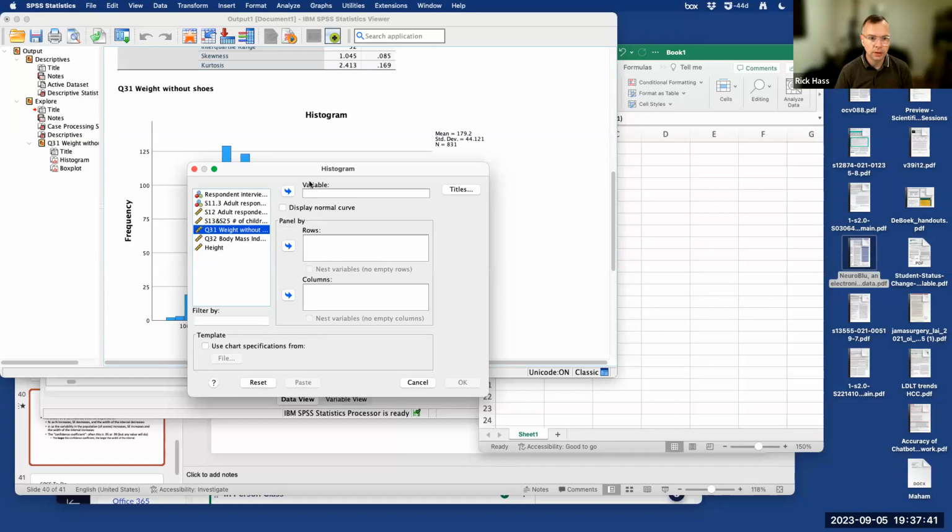We're going to do weight without shoes, and we're going to do it as columns. In one column, we're going to see the men. The other, we're going to see the women. I'm also going to click this display a normal curve on there. So what it does is it draws what a normal distribution should look like. That's one way you can see, do my data conform to normality?